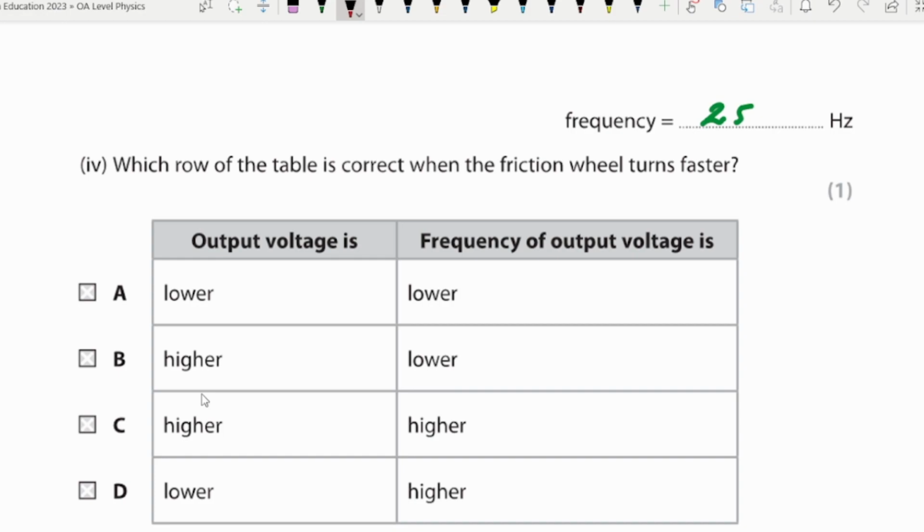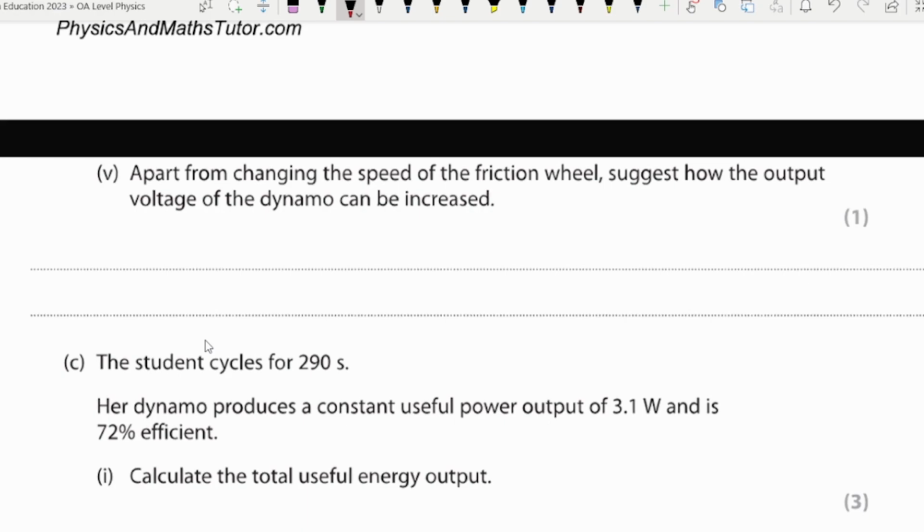If you increase the speed of the motion, there are 2 things that are being changed: the amplitude as well as the frequency. So this will be the right answer, C. So amplitude increases and so does the frequency. And if you reduce the speed of the generator, amplitude decreases and so does the frequency.